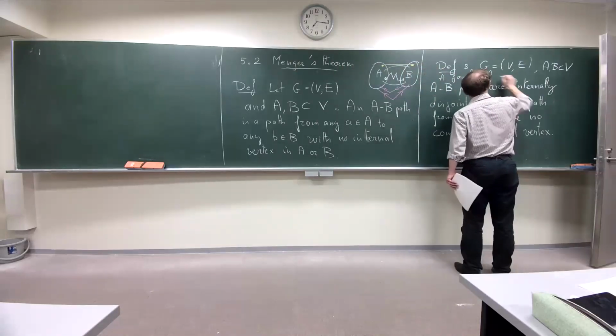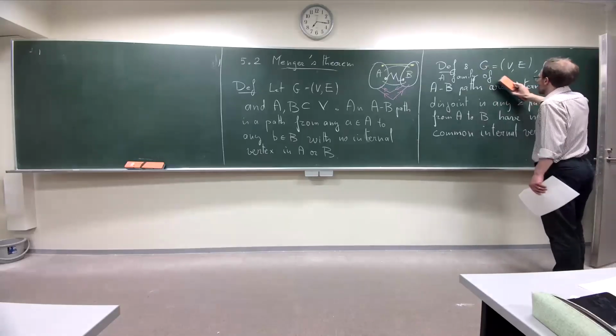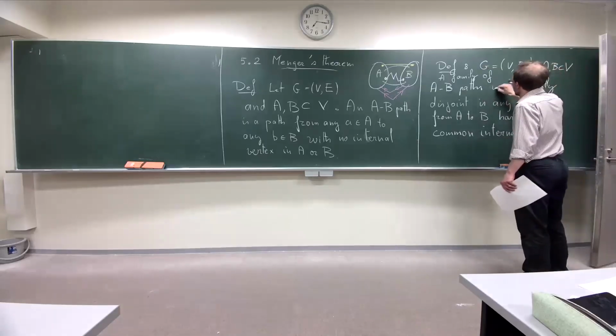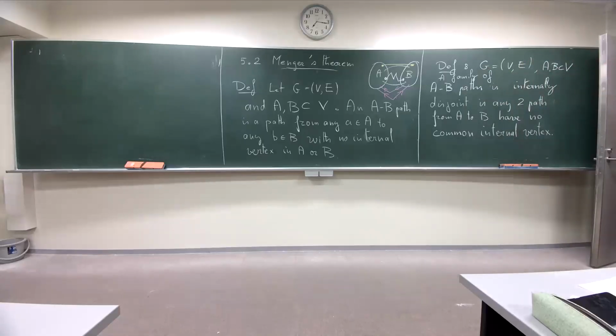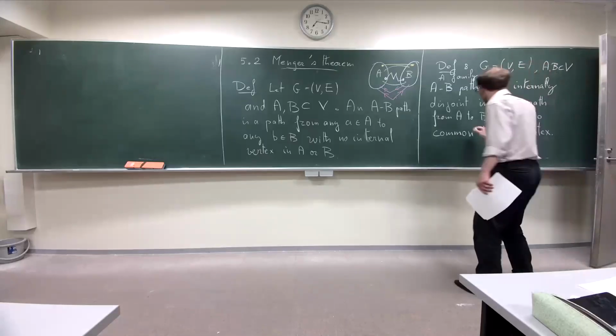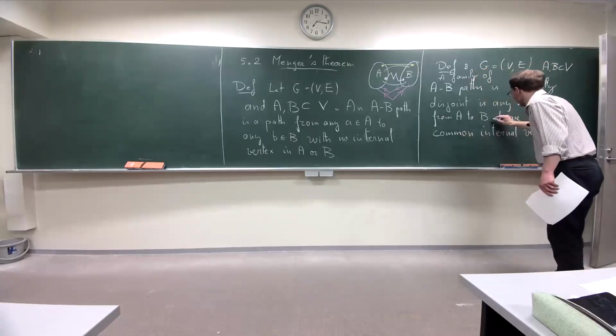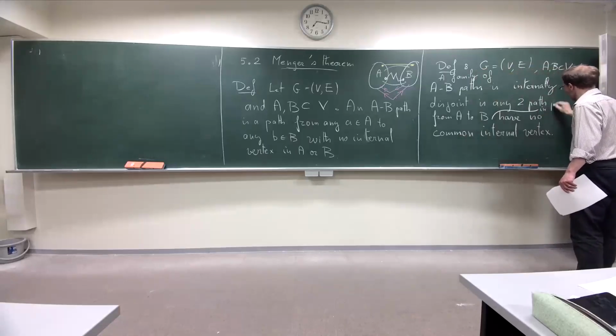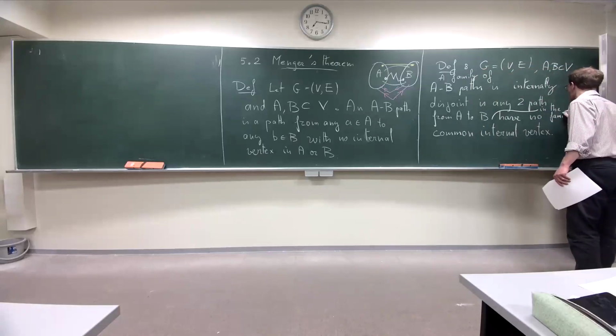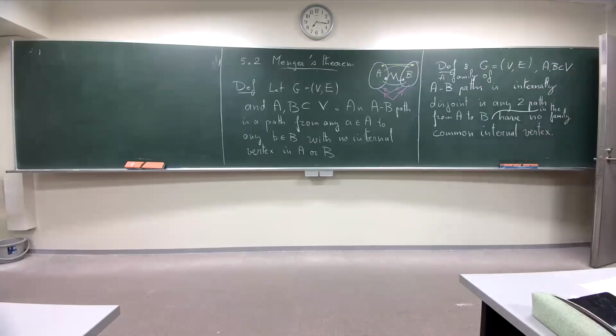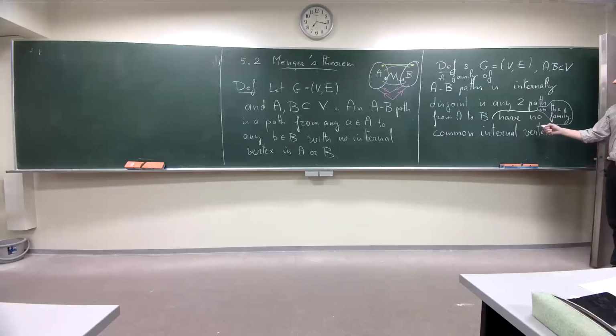A family of AB paths is internally disjoint if any two paths in the family, I'm not considering all paths because this is never internally disjoint. Sorry, I was not precise enough. A family of AB paths is internally disjoint if any two paths from A to B in the family have no common internal vertex. Now it makes sense.